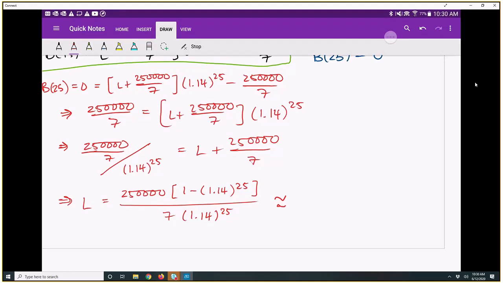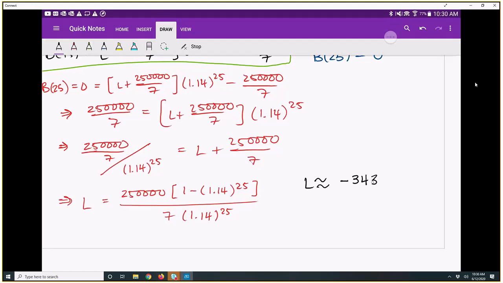And that's going to be approximately 34,000, and it's coming up negative because the problem told us that the amount of the loan should be negative, and we're paying it back up to zero.